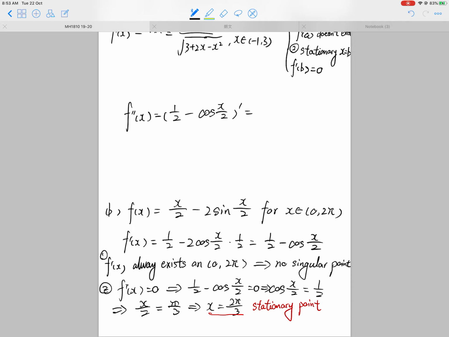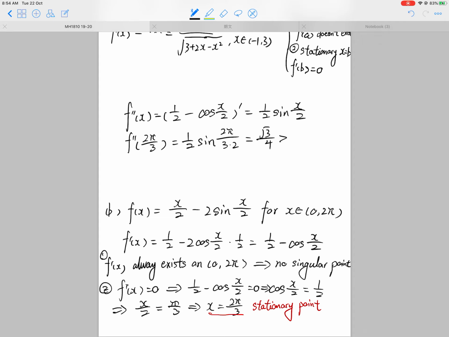So this part is just half sine x over 2. Then you can plug it in. What is the second order derivative when x is 2 pi over 3? It's half sine of 2 pi over 3 over 2, so sine pi over 3, so it is square root of 3 over 4.